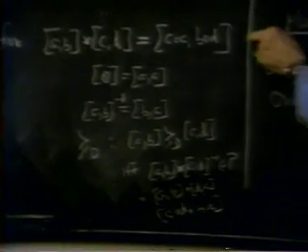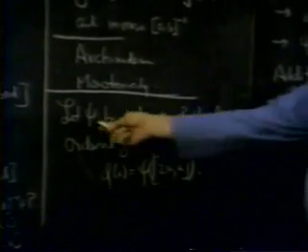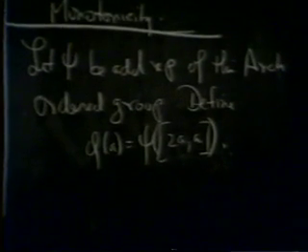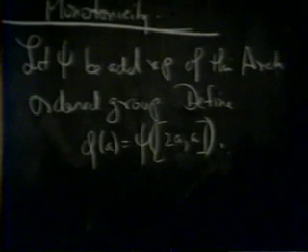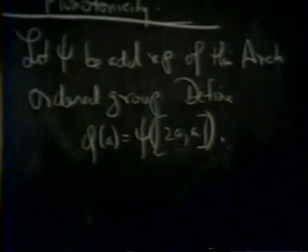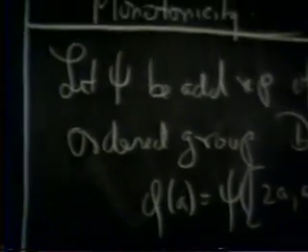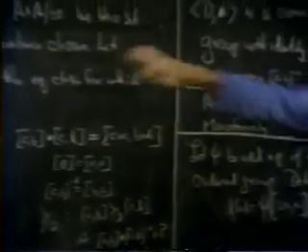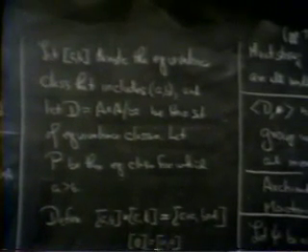Therefore, by Holder's theorem, it has an additive representation. Well, let me call one of those representations psi. It's an additive representation into some subgroup of the additive reals. Then, having that representation, I must, from it, attempt to construct a representation for the original system of the closed extensive system.